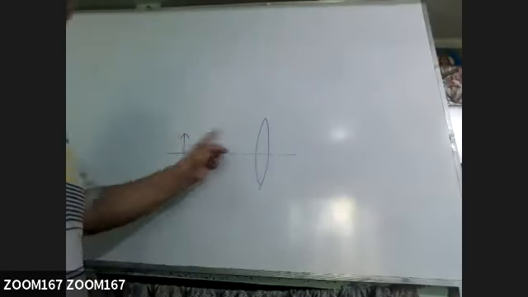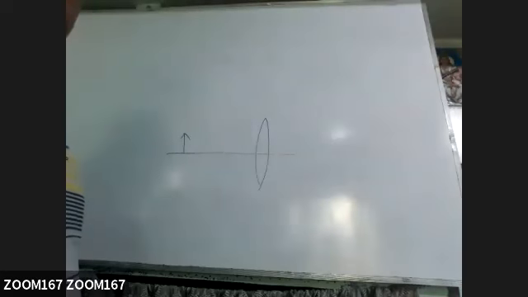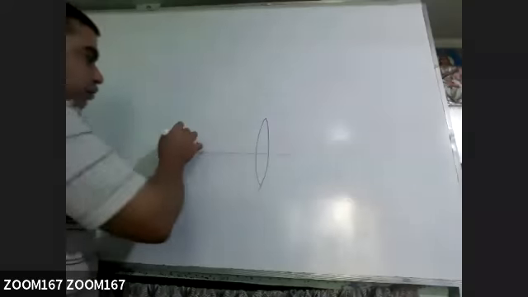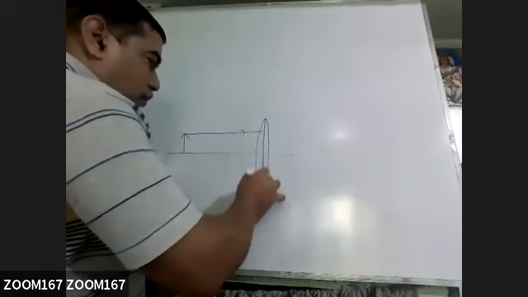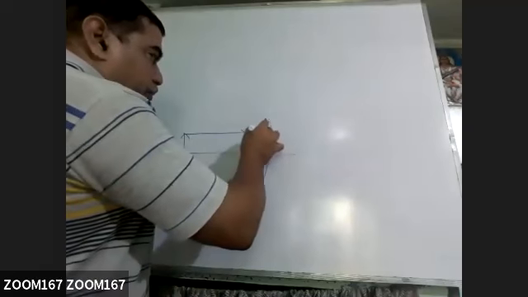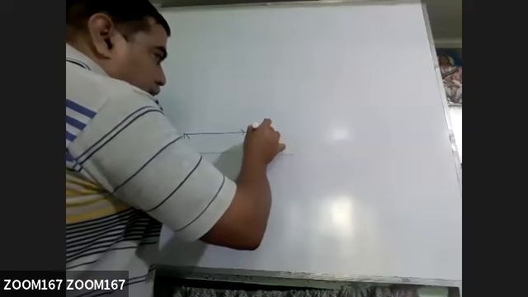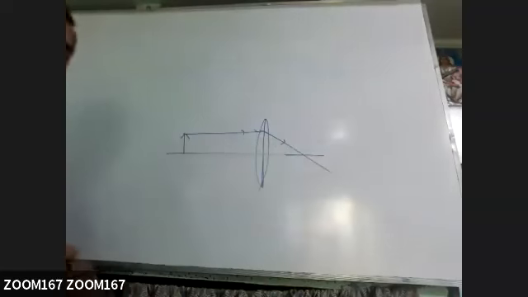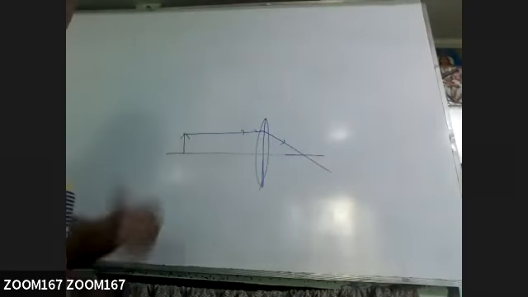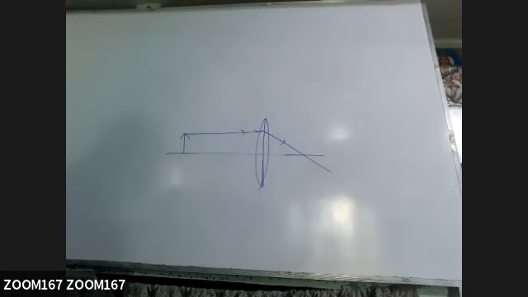One ray will be parallel to principal axis. One ray always will take parallel to principal axis, that will pass through F2 in case of convex lens, and it will appear to diverge from F2 in case of concave lens.